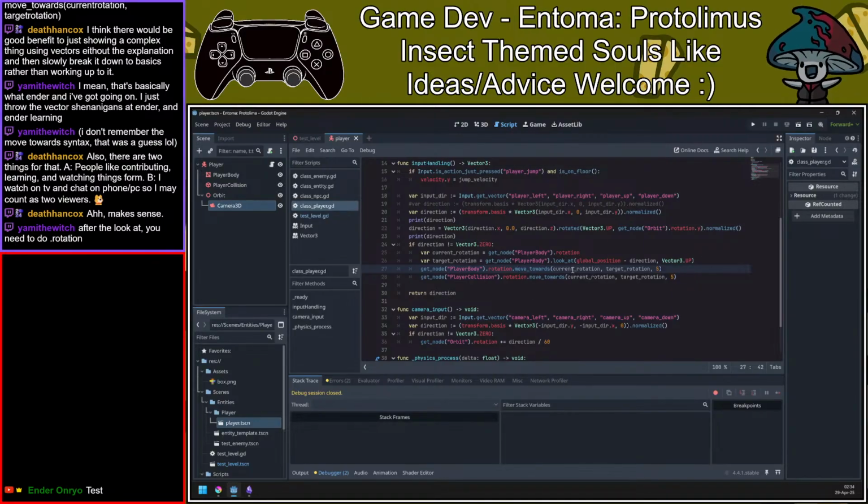It's supposed to move from this value to this value by this amount every frame. Well, I guess every frame if it's in physics. After the look at... You need to do dot rotation. Oh, because target rotation.